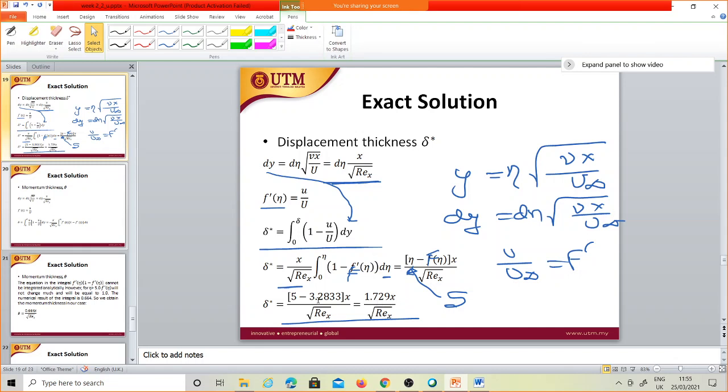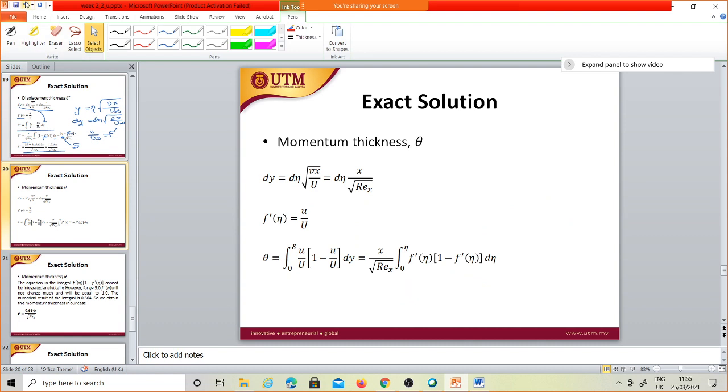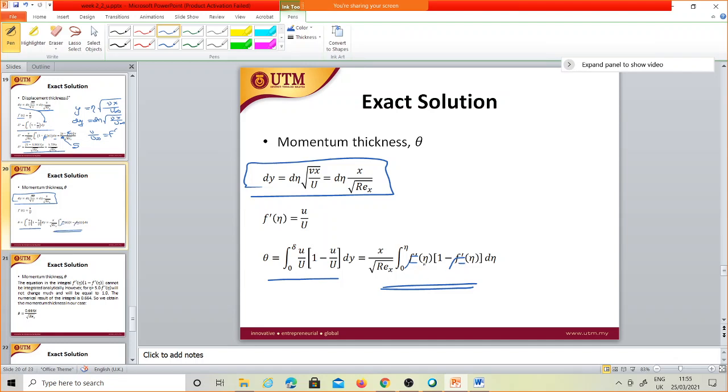If you just put in the value of x and you have the Reynolds number, you will get the displacement thickness. We don't have enough time, but for the momentum thickness, in a similar way, this expression is the same. We have x divided by this, with all capital, okay? In this case, for momentum thickness, we cannot have an exact solution because we have the multiplication of both.